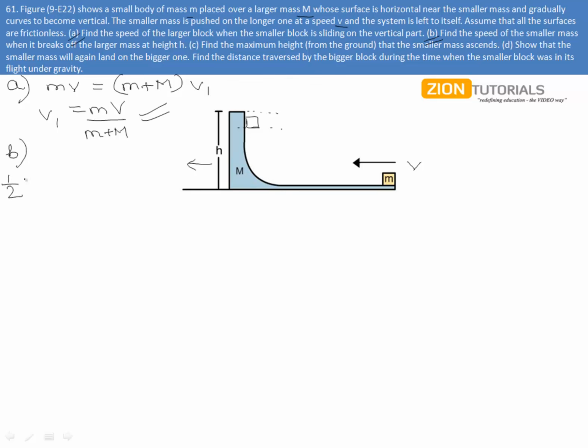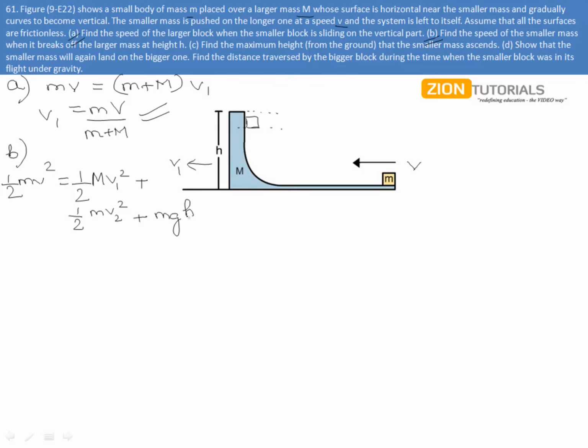So keeping that in mind, let us do the energy conservation over here. We have the initial kinetic energy as half m v square and the final one being half capital M v1 square, where v1 is the horizontal velocity there, plus half m v2 square, where I have taken v2 as the total velocity, considering v1 as well as the vertical motion, plus mgh.